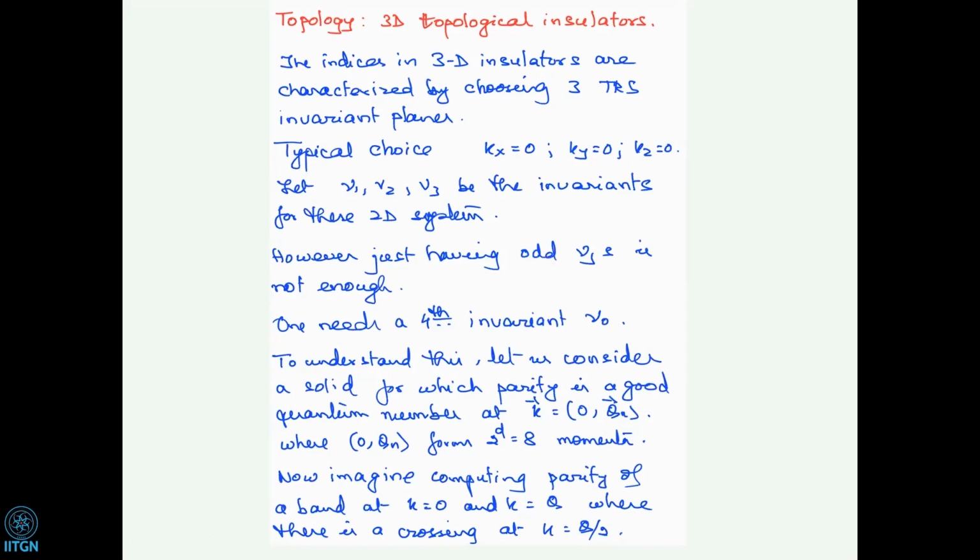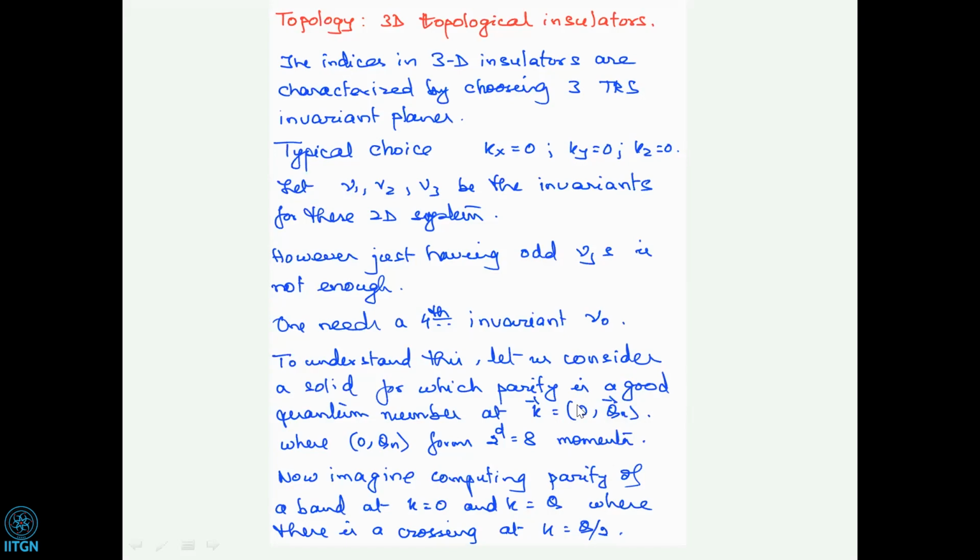So now imagine computing the parity of a band at k equal to 0 and at one of these Q's, which is given by something like (pi/a, pi/a, pi/a). So that's (pi, pi, pi), one of the possible Q's of a 3D cubic solid.